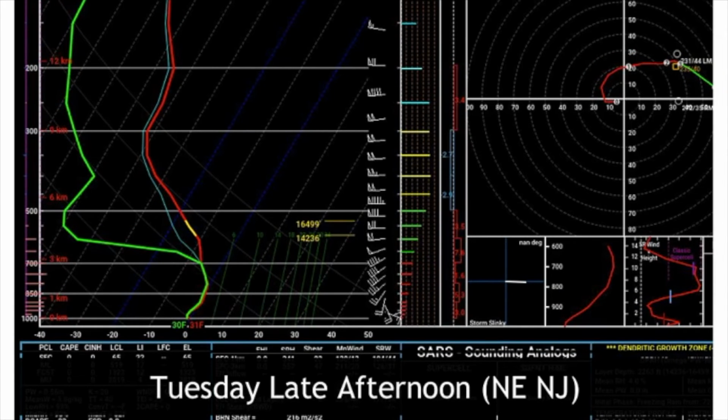We start with northeast New Jersey. This is late afternoon. So this line right here represents our freezing line, our freezing temperature. And although our surface temperature is actually below freezing, there's a little part of the atmosphere where the temperature is going to be above freezing. So the frozen pellets are actually going to melt in this area here, around a kilometer above the surface.